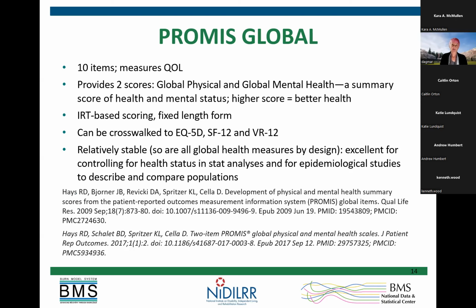So the first measure I'd like to talk about and show you is called PROMIS Global. Sometimes it's called PROMIS 10. It's a generic health-related quality of life measure, includes 10 items, and provides 2 scores.